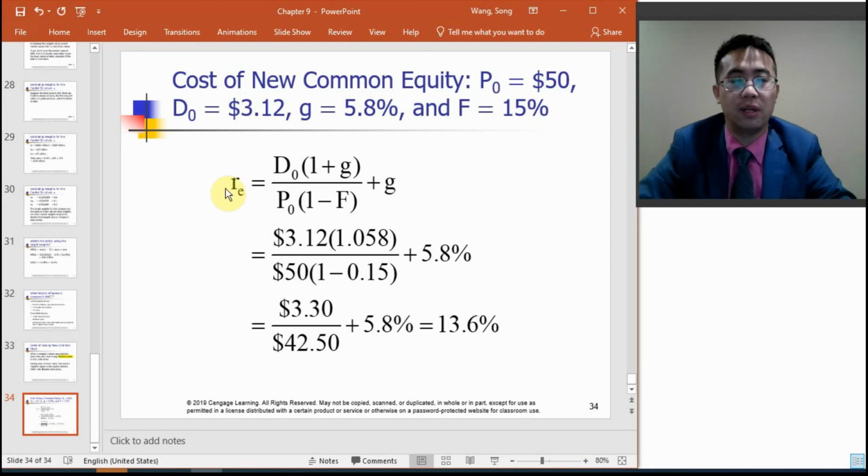So we use the formula, the required return equals dividend 1 divided by price plus g. But dividend 1 is not directly given. You need to solve for that by using dividend 0 times 1 plus g. And for the price, instead of using the full price, we're going to use the after-flotation part of the price, or 1 minus 15% of the $50. The 15% of the $50 would go to the investment banks, so the firm is only getting 85% of the full price. And then we do the calculation.